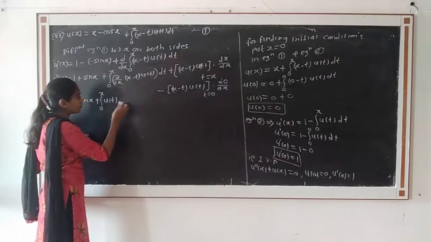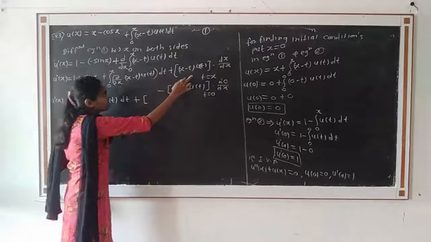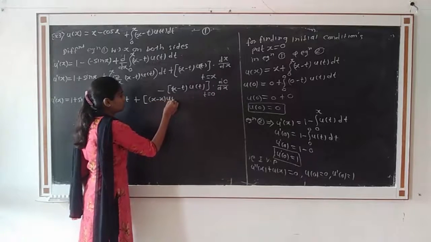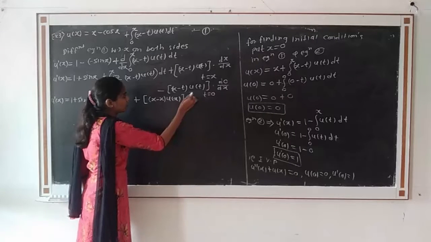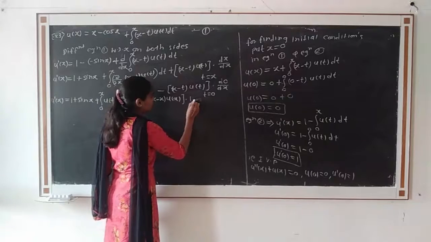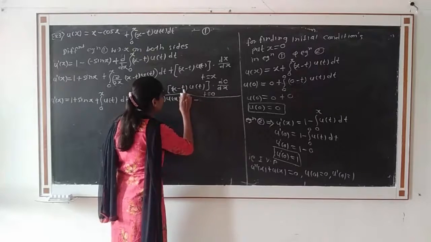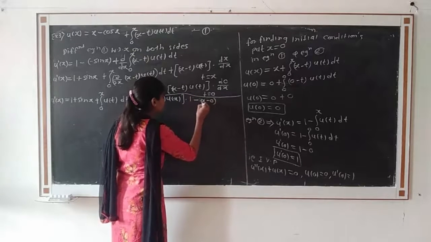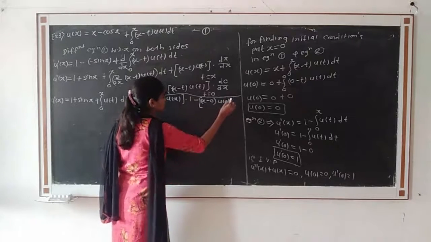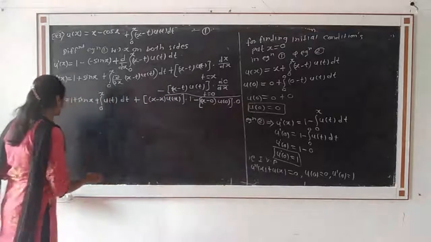Then here we get only u of t dt, plus here if we put t is equal to x, then we get (x minus x) into u of x, and the derivative of x with respect to x is 1, minus this term, (x minus 0) inside the bracket u of 0, and the derivative of 0 with respect to x is 0.